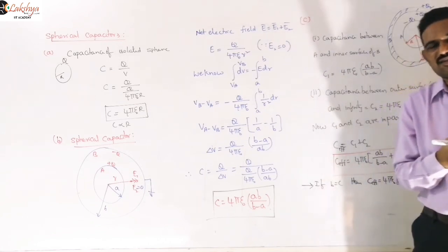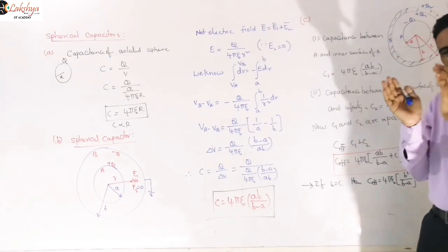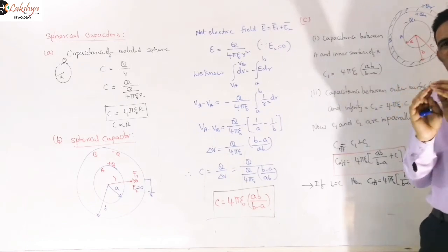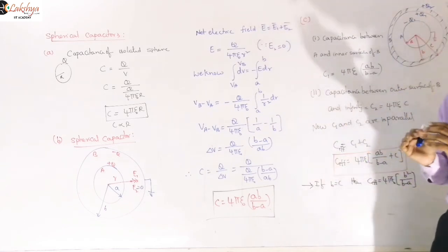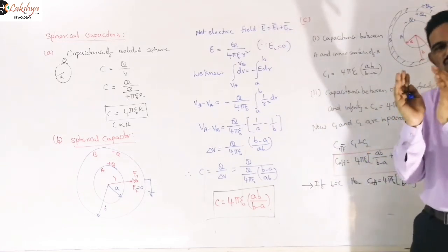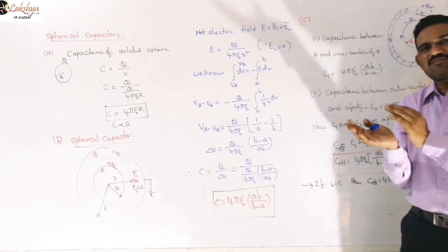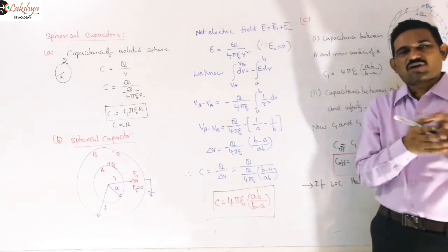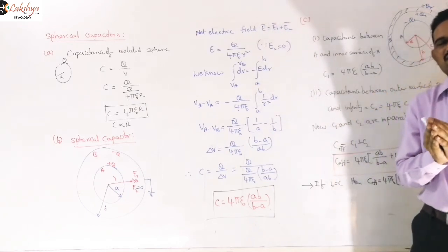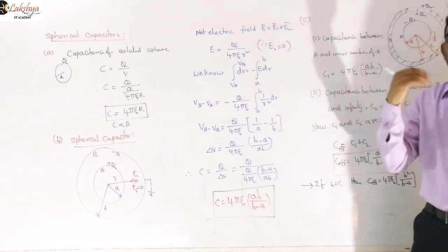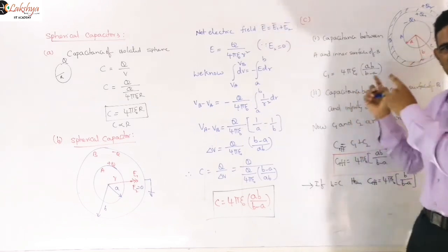But the capacitance between those two spherical surfaces is always given by this expression, 4 pi epsilon naught into AB by B minus A, whether the inner sphere or the outer sphere is grounded. If the grounding is different, then the effective capacitance may differ. That is nothing but what we are doing here.